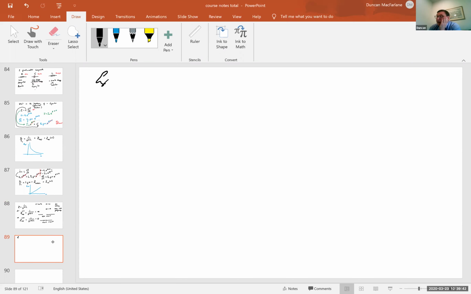For this example, I want to just consider this signal. And this is some voltage as a function of time. And it has a DC part of it, and it has an AC part of it.